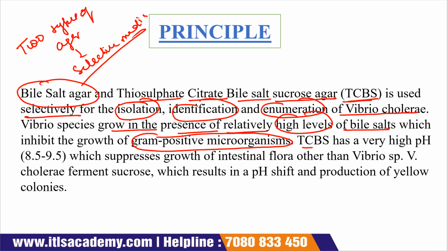And TCBS is highly active at high pH, that is 8.5 to 9.5, and it will suppress the growth of intestinal flora other than Vibrio species. Vibrio cholerae ferments sucrose, which results in a pH shift and the production of yellow colonies. These yellow colonies indicate the presence of Vibrio species.